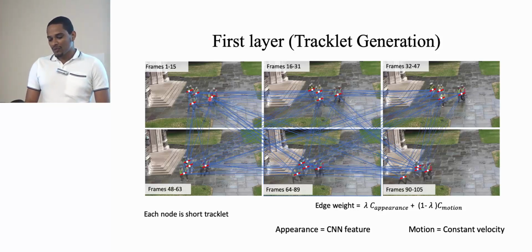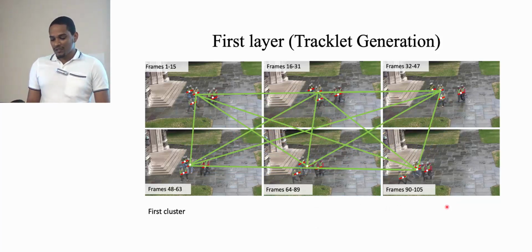And then the edge weights between two nodes will be computed based on their appearance as well as motion similarities. Once we have this, we will run our algorithm, and it will select this nice cluster where it selects a single node from each segment where that node belongs to the same person.